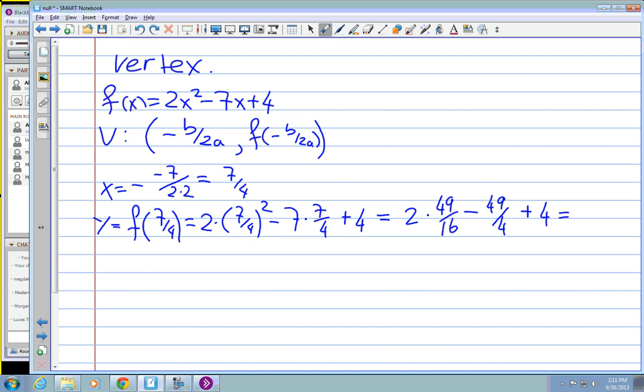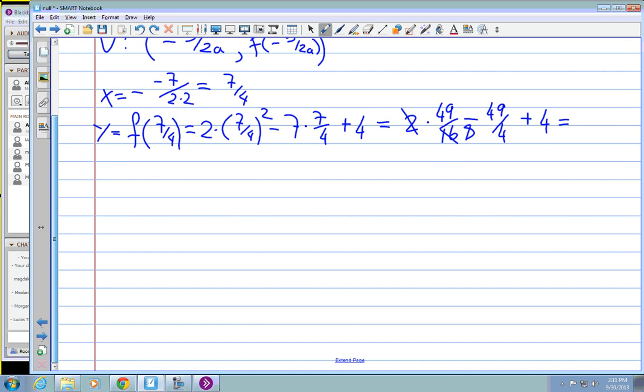Anyway, if I keep reducing it, 2 and 16 turns into 8, right? So you just have to add a few fractions. What would be the common denominator between 4 and 8? 8. So that's 49 minus, how do you turn the second fraction so it has 8 in the denominator?